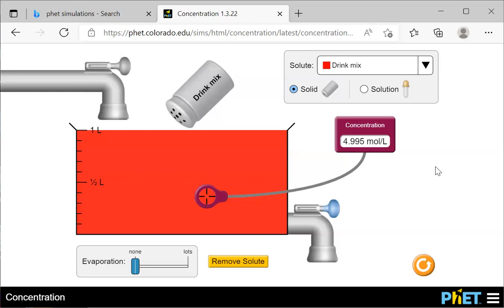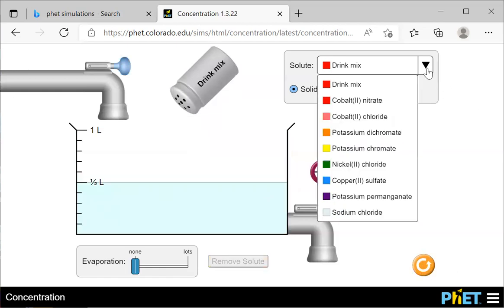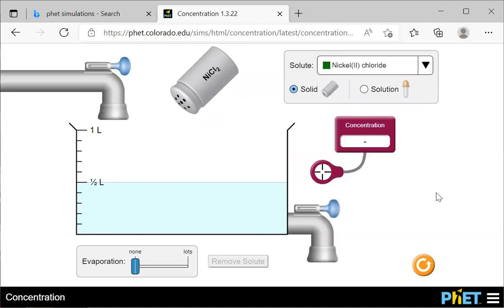And you can see here that instead of working with drink mix, let me just click reset. You will be working specifically with nickel 2 chloride, which is this chemical right here, which is in green. So that's for part C of your lab.